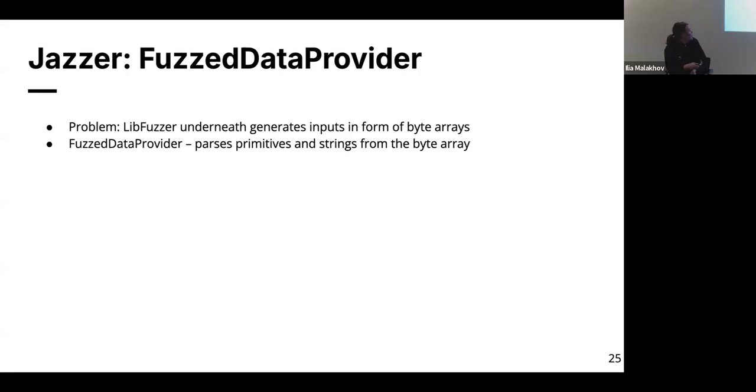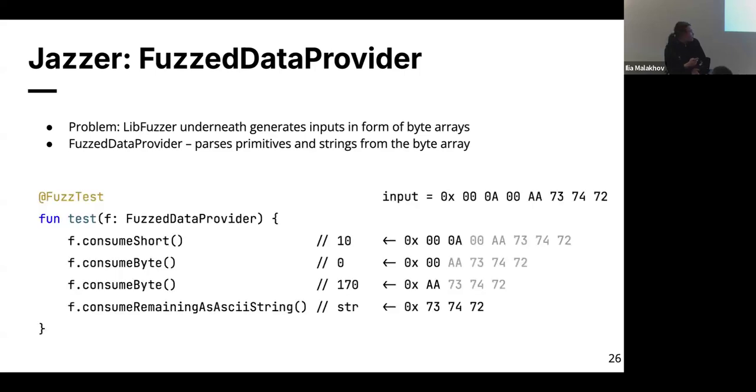To overcome this, it provides a fuzz data provider, which essentially just parses this byte array into something more meaningful like primitives or strings. You can see this example. We have a fuzz data provider. Internally, it has a byte array like this. And when we make a call, it looks at this byte array and parses some bytes into primitives or strings.